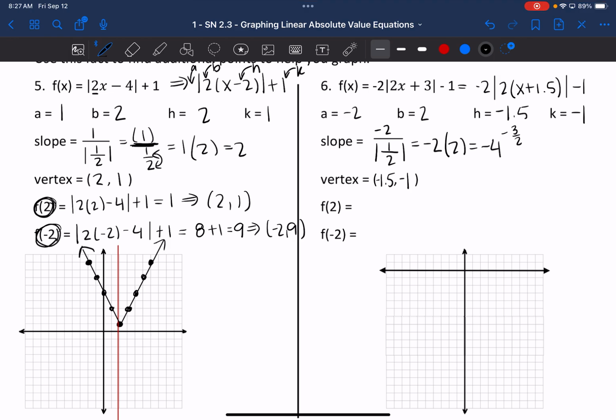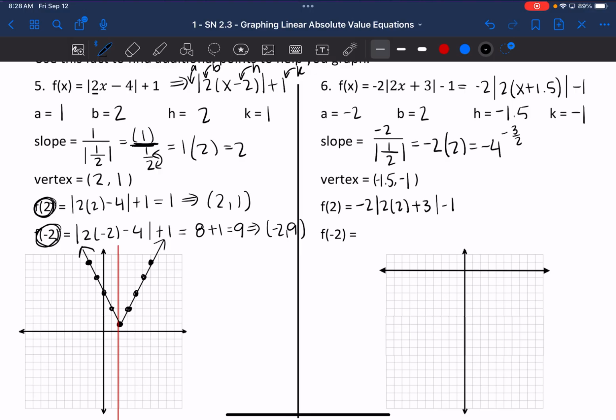So for f of 2, we'd have negative 2 times the absolute value of 2 times 2 plus 3, minus 1. So we work inside the absolute value first. 2 times 2 is 4. And 4 plus 3, 7.